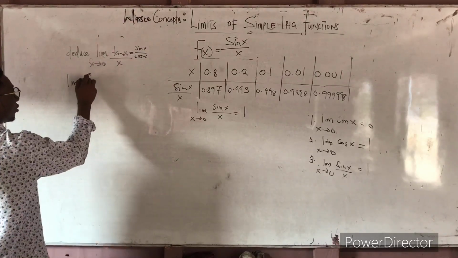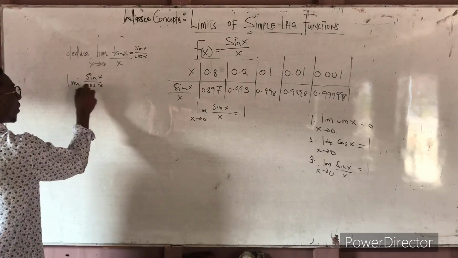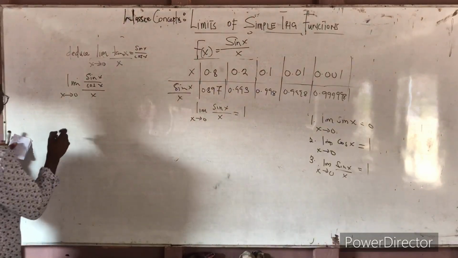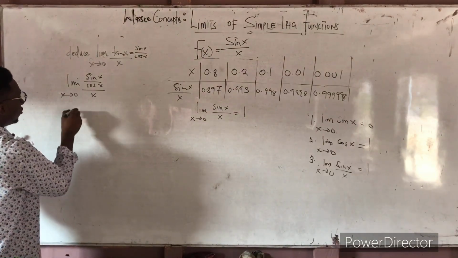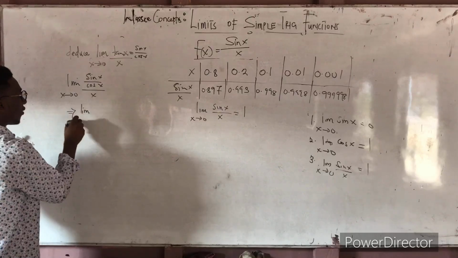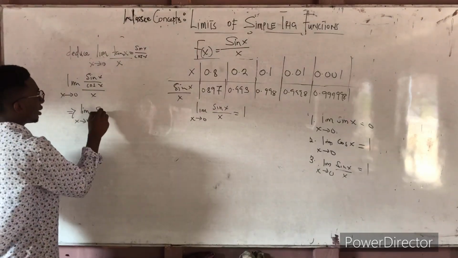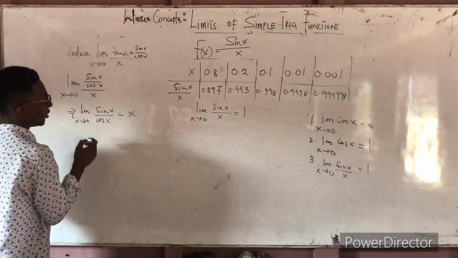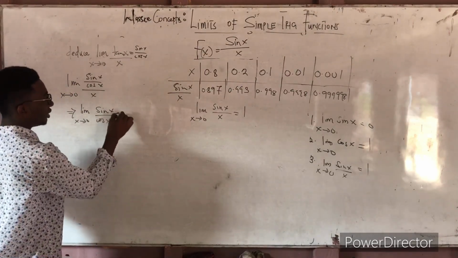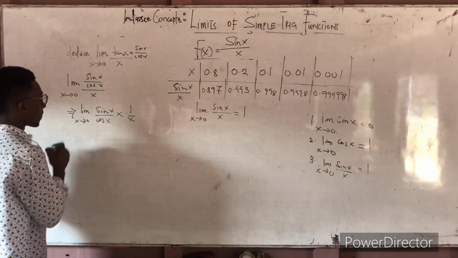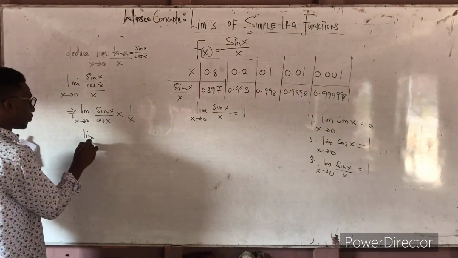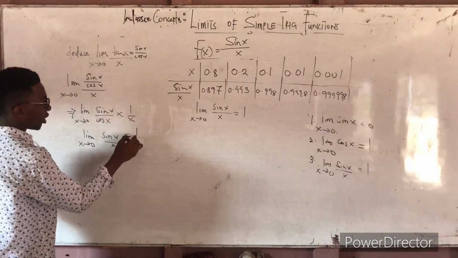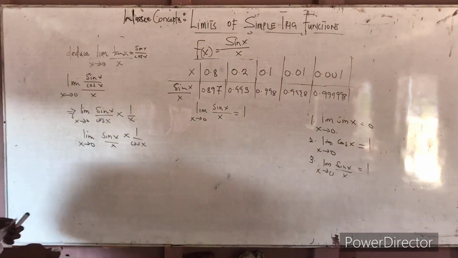So we can say the limit is sin x on cos x, all divided by x, as x approaches 0. If we take the division sign to be times 1 on x, we can separate it and say the limit as x approaches 0 of sin x on x times 1 on cos x, which is the same thing.